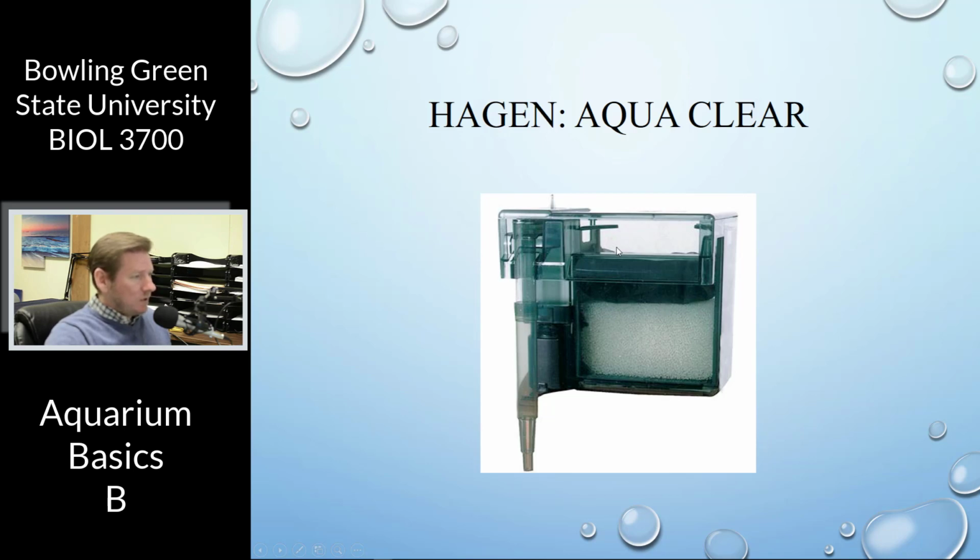And you can see here, this is a bag of carbon. So you can build it. They're more flexible in the way you can build them and what you can put in it. You could put those little bio balls or ceramic beads or some sort of media in here that would handle your nitrifying bacteria.